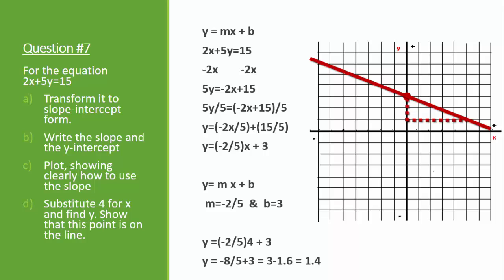Let's look over on our line and find where x is equal to 4. Well, x is equal to 4 at this point right here. So along this vertical line, we're going to cross our line at a place where the value, at least in the x direction, is equal to 4.